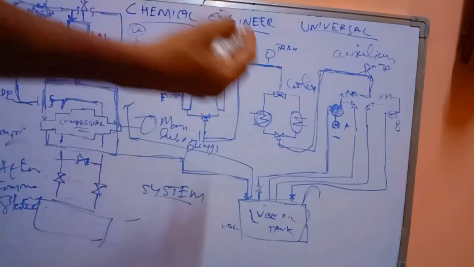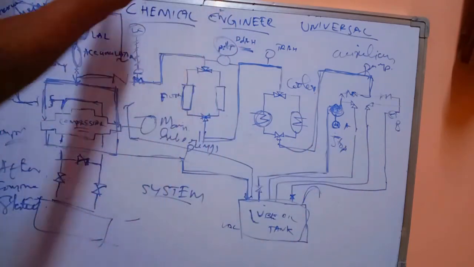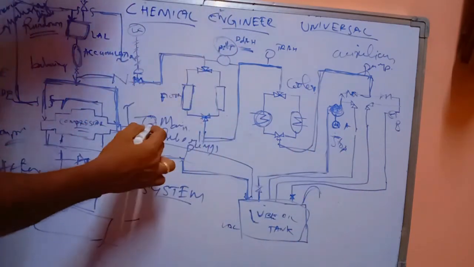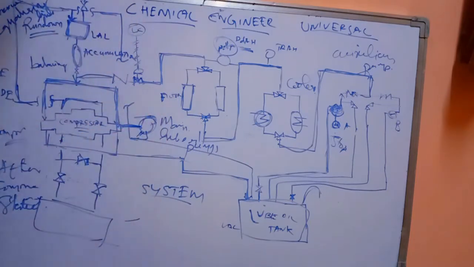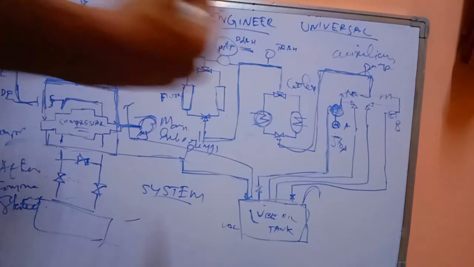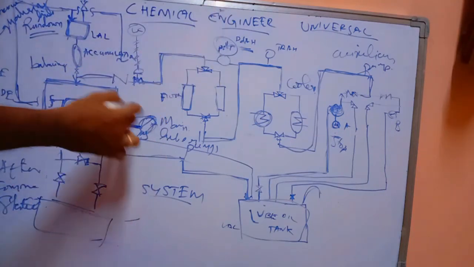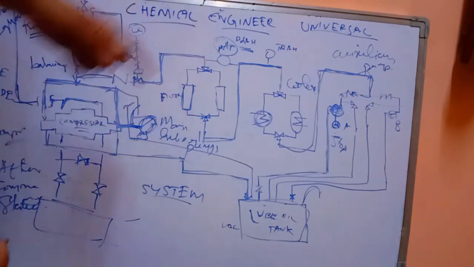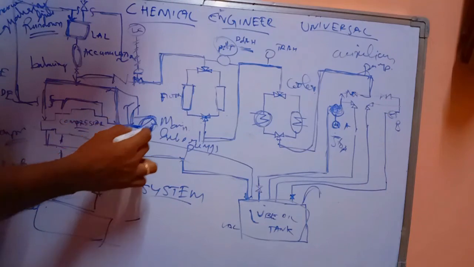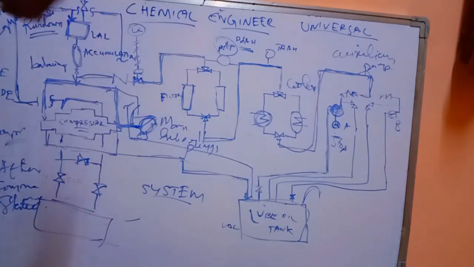It will go to stop position. It will stop automatically, and the main lube oil pump will take over the system. It is fitted along with the shaft of the compressor, additionally in the same line. So when it starts running, the same lines are connected already. When the main compressor started, the main lube oil pump is running continuously, and it will continuously supply the lube oil and circulate it through the circuit. So that's how it works.